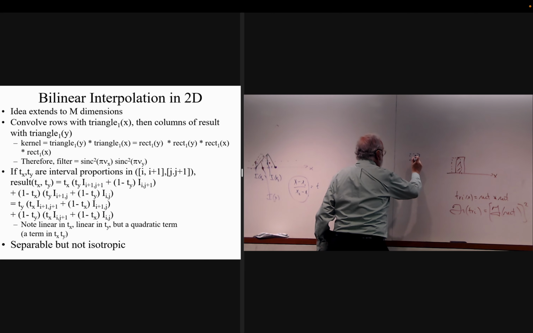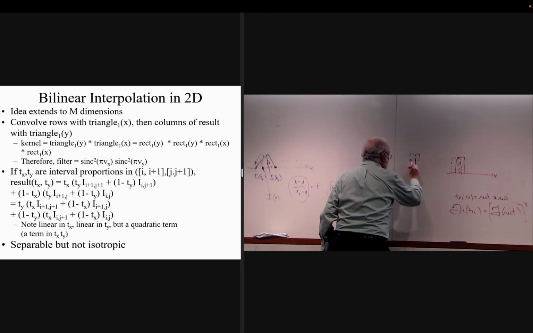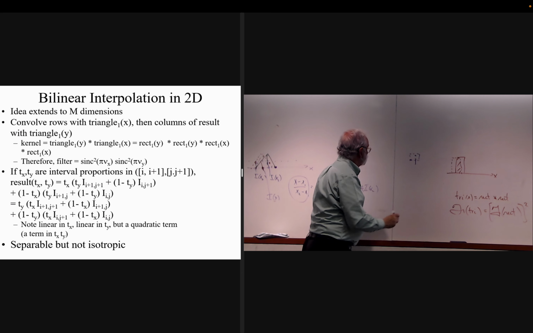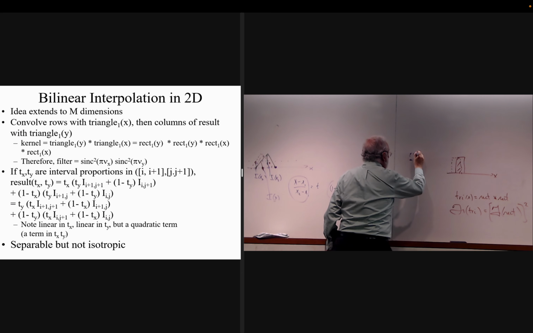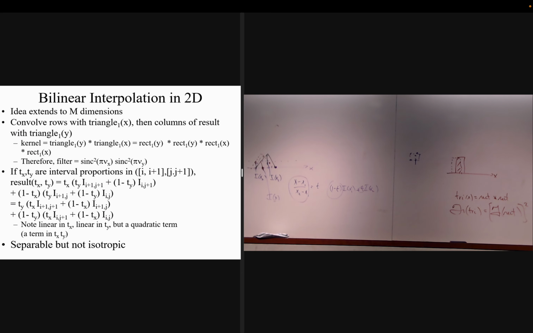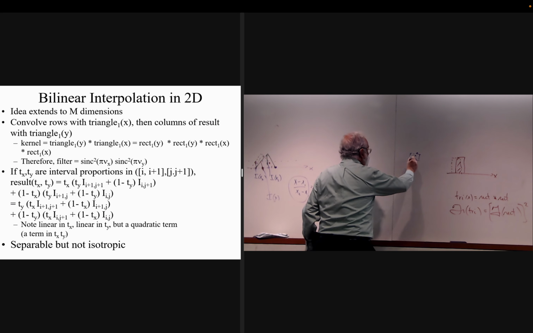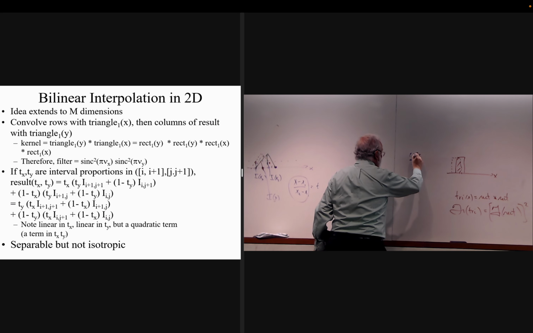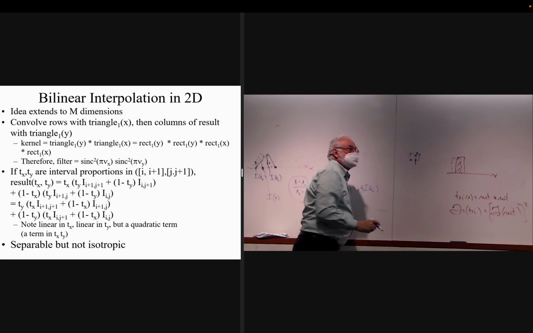And the way we're going to do that is we're going to take these 2 pixels and we're going to interpolate at this x position, and these 2, and also interpolate at this x position via linear interpolation. So we're going to do this separately. First, we're going to do rows, and we get the values here and here, and then we're going to do a linear interpolation between this and this, and we're going to get a value here.